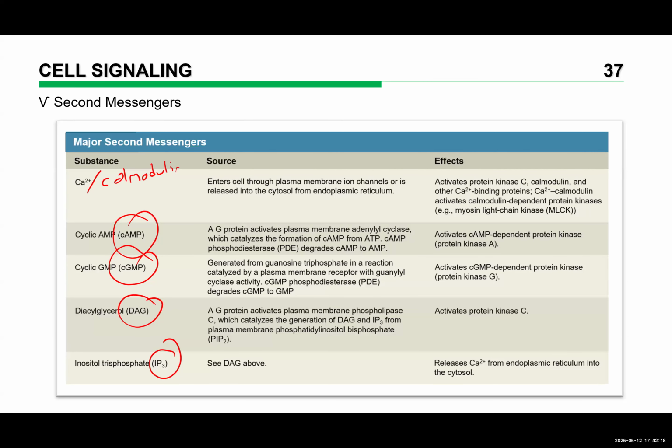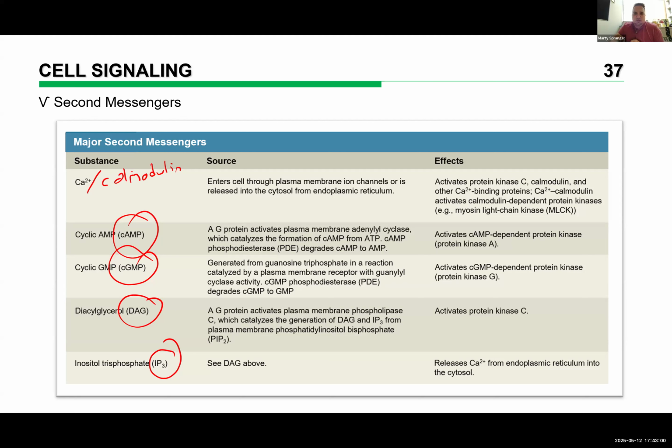Is PKA one of them, or is that like a third messenger?